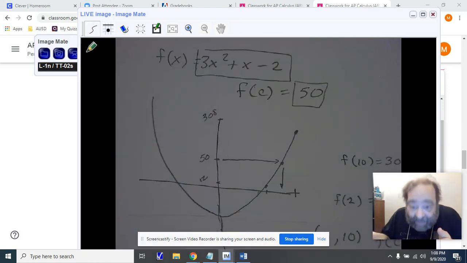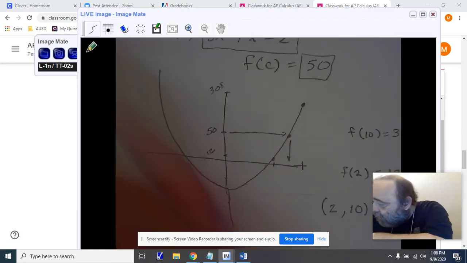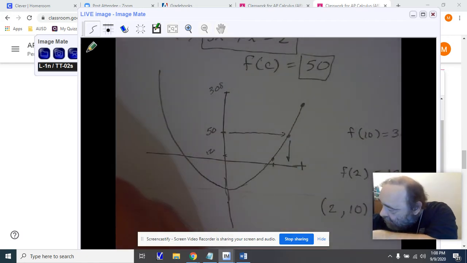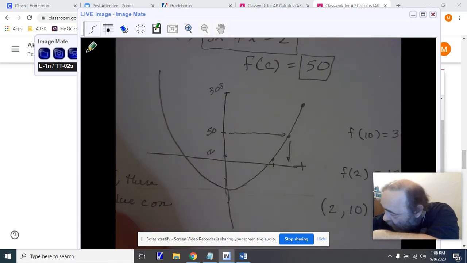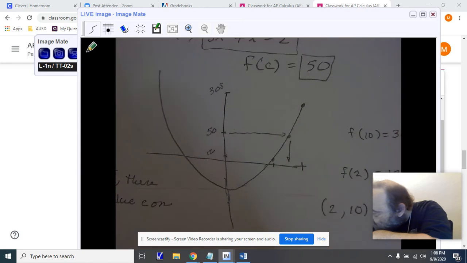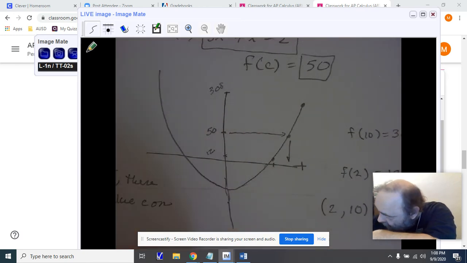That means that yes, by IVT, so let's write our answer down. Yes, by IVT, there must be a value c on the closed interval from 2 to 10, that's the interval I said.